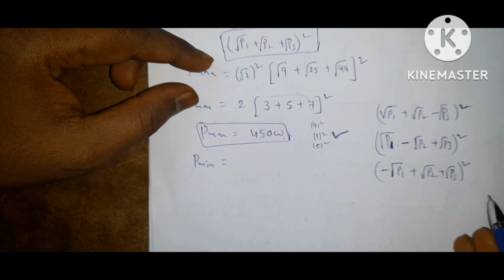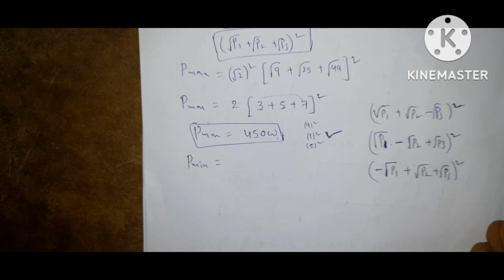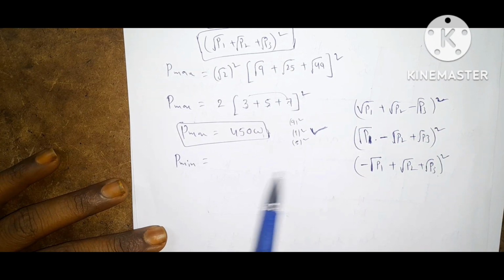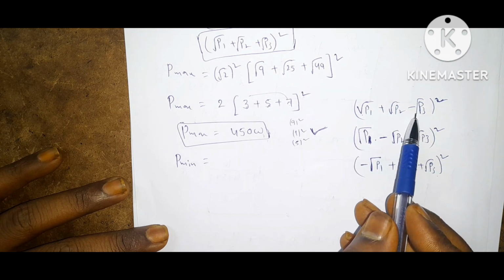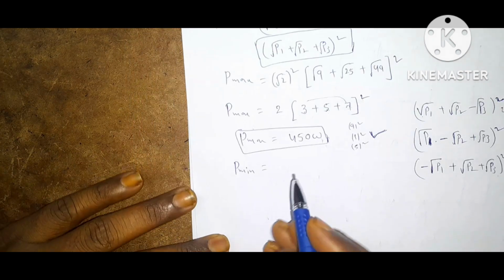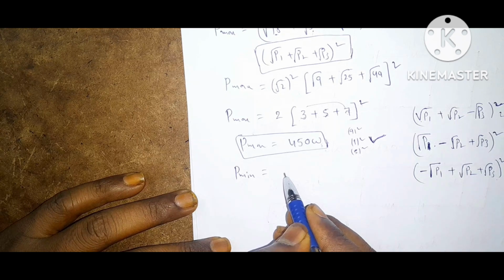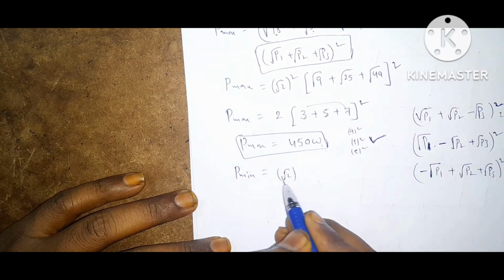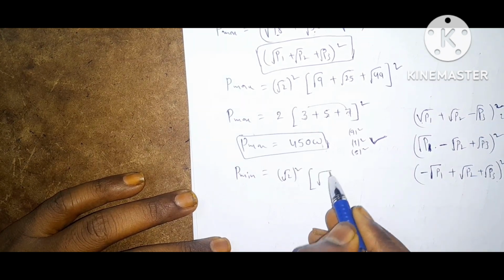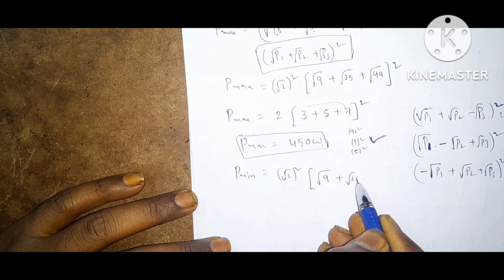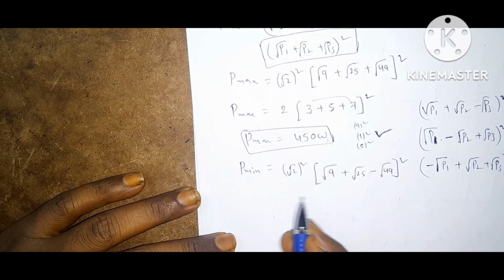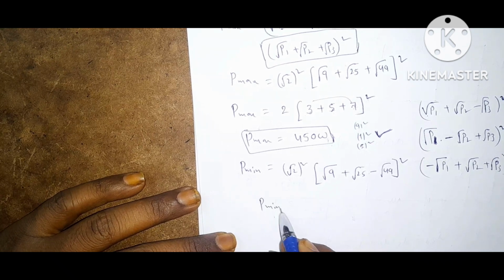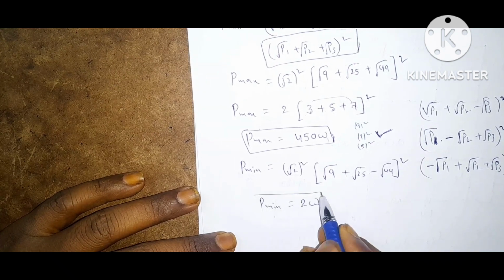Okay, these are the possibilities to get minimum power. So from this, which one is correct? Add these two and subtract this one. So we choose this one. So what we are getting? This is root 2 whole square into root 9 plus root 25 minus root 49 whole square. So what is the P minimum? 2 watts.